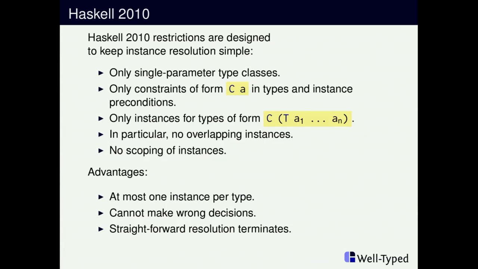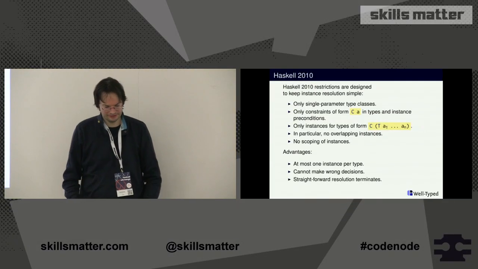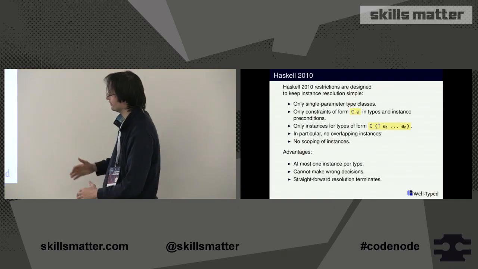You can never figure out that that was a wrong turn and you need to backtrack and go somewhere else. And also that the straightforward algorithm for instance resolution, where you just blindly apply everything that you can, terminates very trivially and doesn't loop. So this is all good.